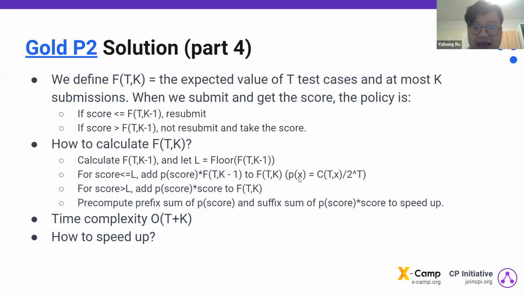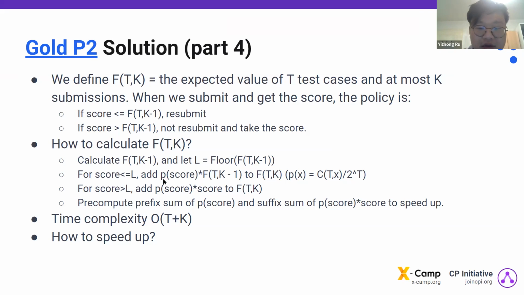Remember that Px equals CTx divided by the t's power of 2. For a score bigger than L, we need to add P score times score to FTK, because if the score is bigger than L, then we just take the score. So the expected value we add is P score times score.